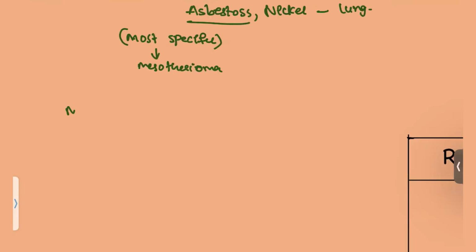The most common organism involved in carcinogenesis is EBV. It causes Burkitt's lymphoma, nasopharyngeal carcinoma, and also Hodgkin lymphoma.